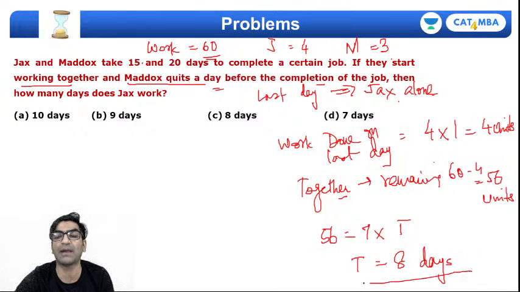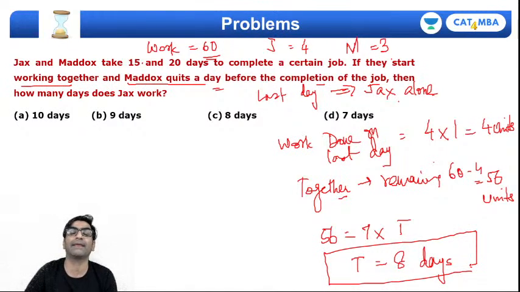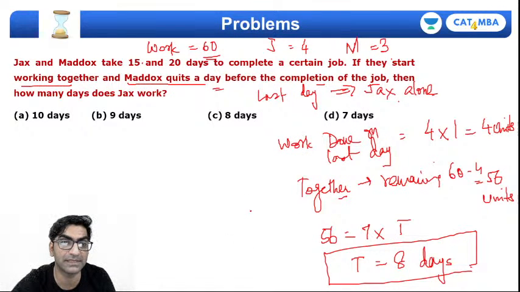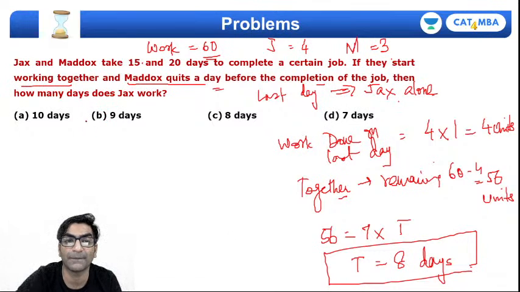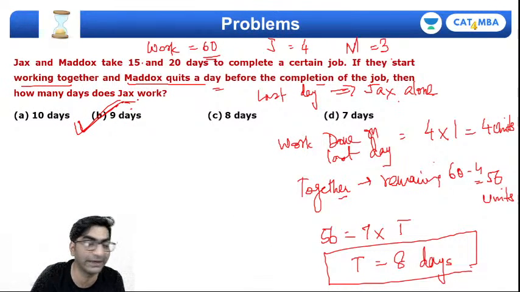So before Maddox quit, it took them 8 days. So including that last day, how many days does Jack work? Jack worked for the first 8 days along with Maddox, and then one more day when Maddox has quit. So Jack works for a total of 9 days.